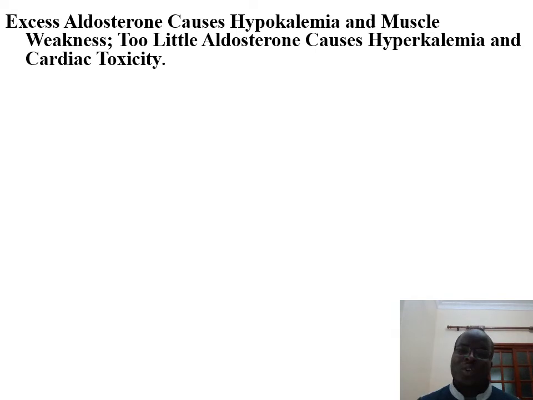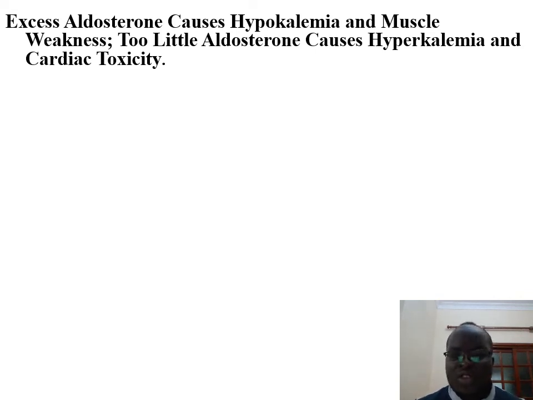So you are reabsorbing sodium in exchange for potassium. In simple terms, you are going to have low levels of potassium. That condition is called hypokalemia and muscle weakness. In hypokalemia, it's very difficult to depolarize the nerve cells. So firing of action potentials will reduce and that can cause muscle weakness. That's why you have hypokalemia and muscle weakness.